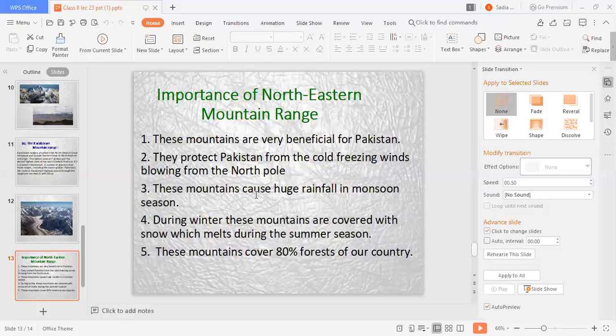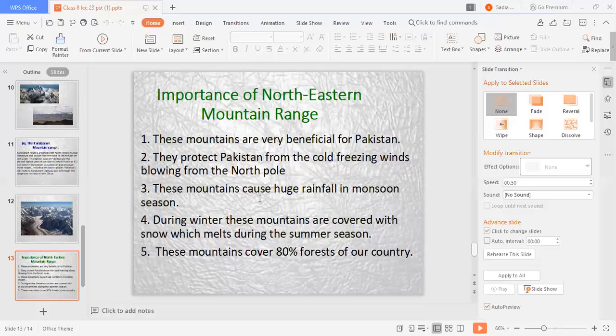Thirdly, these mountains cause huge rainfall in monsoon season. मानसून सीजन के अंदर ये जो माउंटेन्स हैं ये बहुत ज्यादा हैवी रेनफॉल का बायस बनती हैं। और हैवी रेनफॉल कहाँ होता है? जहाँ पर बहुत ज्यादा ट्रीज हों, फॉरेस्ट हों, तो जब इनकी स्नो मेल्ट हो जाती है, then in summer season when snow melts, then these forests and these trees will cause the heavy rainfall in monsoon season, and this heavy rainfall is obviously very useful for Pakistan, for any country, from the agriculture point of view.